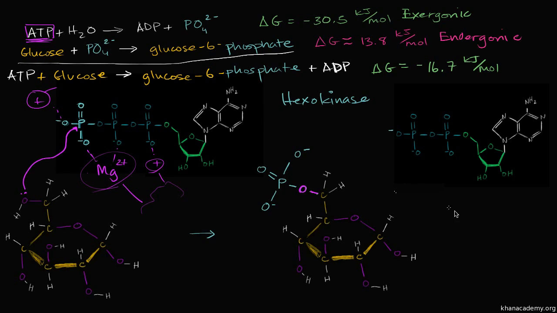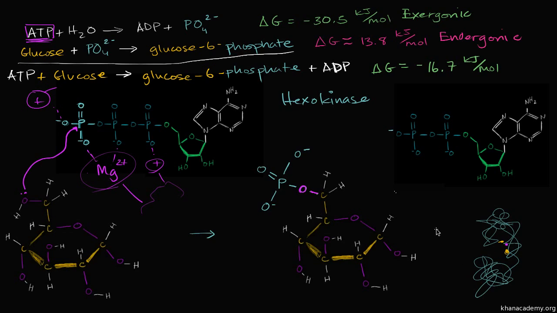Remember, when we talk about enzymes, these are complex protein structures, just like this. You might have the magnesium ion right over there, and then maybe the glucose molecule gets bound right over here, and then your ATP gets bound right over here.